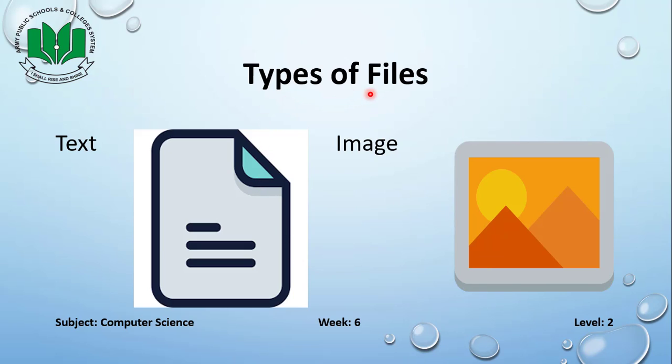Types of files. There are different types of files and there are specific icons for each file which make it easy to identify. These are some of the files with their icons. Text. In a text file, we can write different kinds of text.